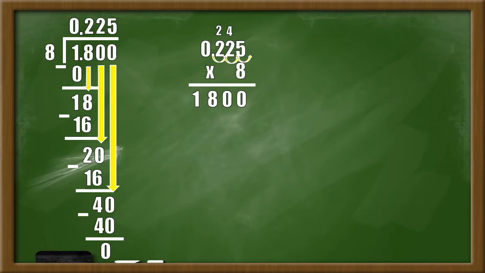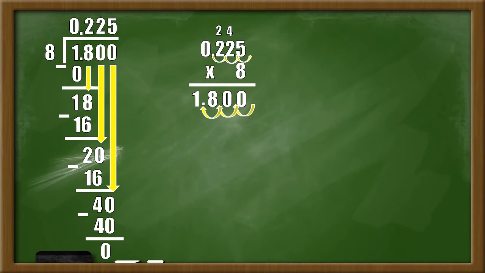Okay, let's do it to our answer. Let's start from the right, going to the left. How many moves again, or how many decimal places? Very good. 3 decimal places, or 3 moves. Let's start. 1, 2, 3. So that is our decimal point.